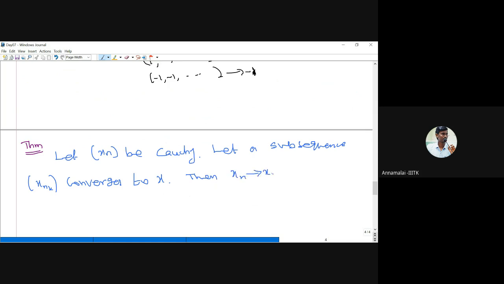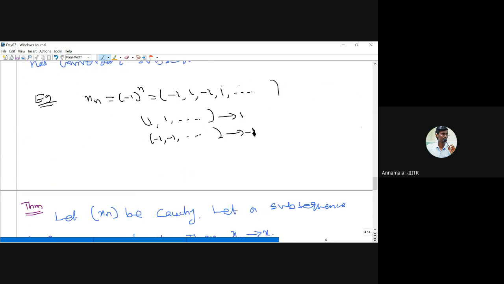But in general, if x_n is not Cauchy and some subsequence converges to x, we cannot say x_n converges to x, as the previous example shows. If the given sequence is Cauchy, then it converges.